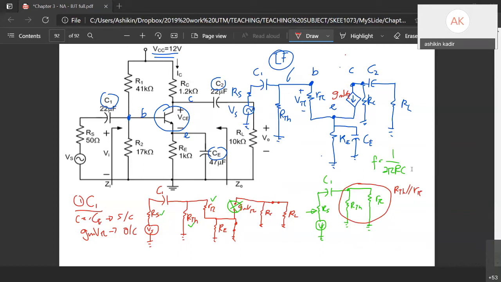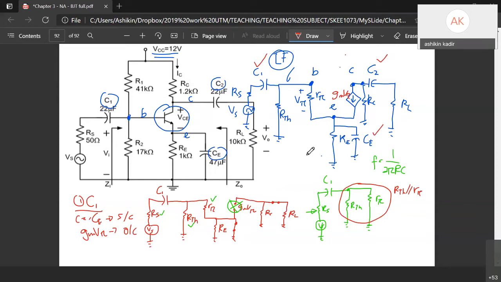For medium frequency, all of the capacitors are short circuit. But during low frequency, we don't put the capacitor as short circuit. If you see here, I still draw C1, C2, and CE.